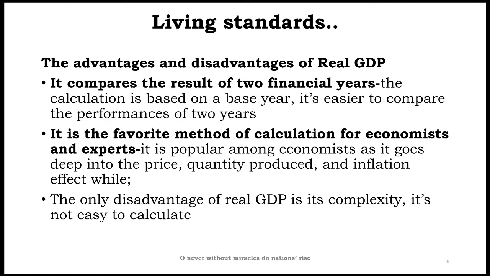advantage. Second, it is one of the favorite methods of calculation for economists and experts around the globe because economists do believe in it as it goes deep into the price, quantity produced, and inflation effects.